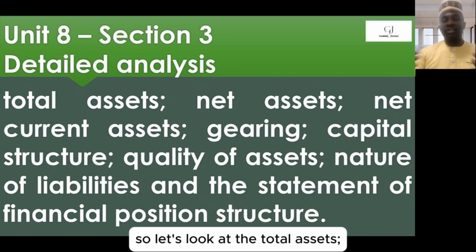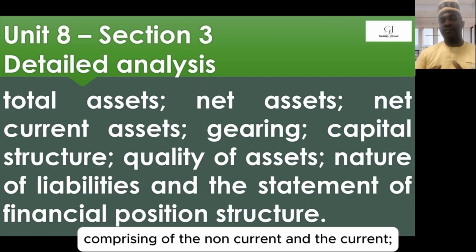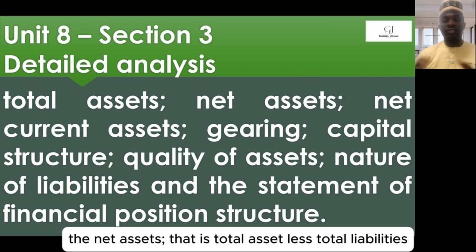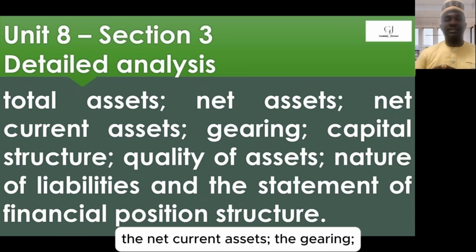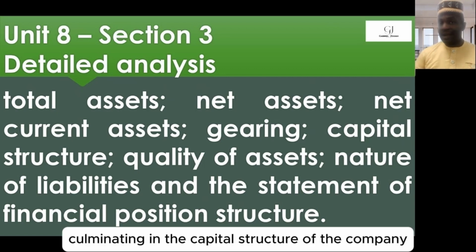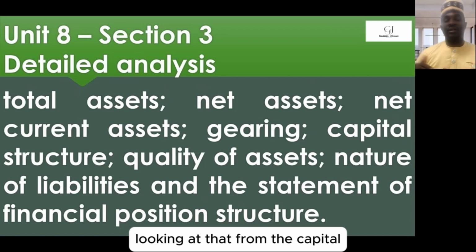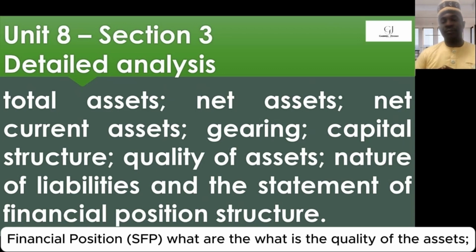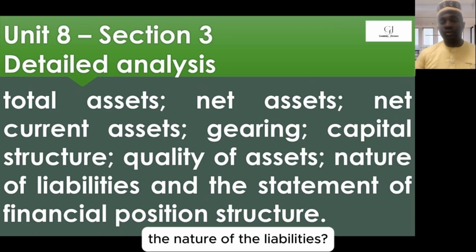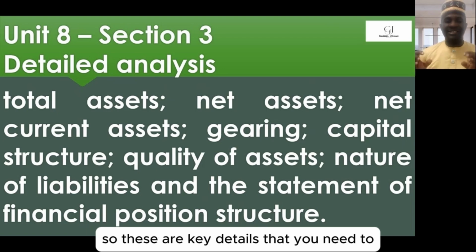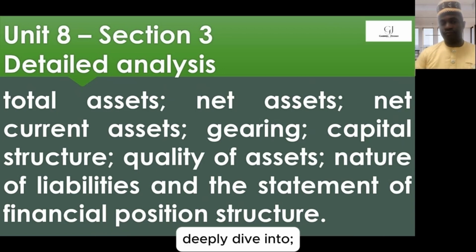So let's look at the total assets comprising the non-current and the current, the net assets, that is the total assets less total liabilities, the net current assets, the gearing, the leverage between debt and equity, culminating in the capital structure of the company, looking at that from the capital side of the SFP. What is the quality of the assets, the nature of the liabilities, and the statement of financial position structure? So these are key details that you need to deeply dive into.